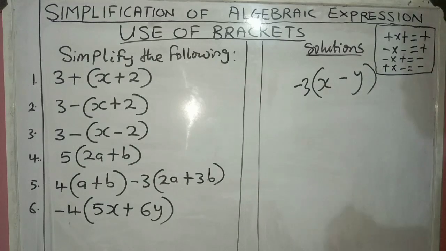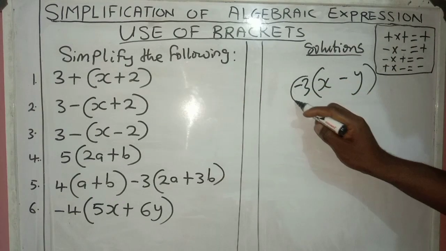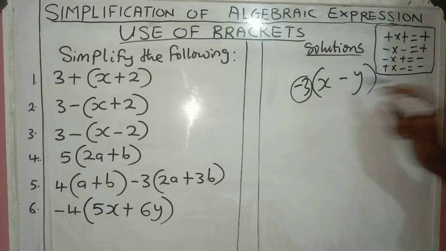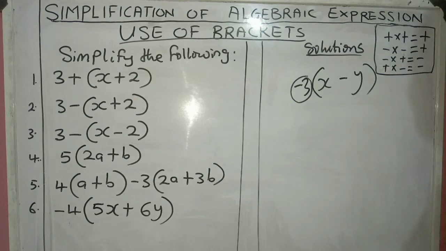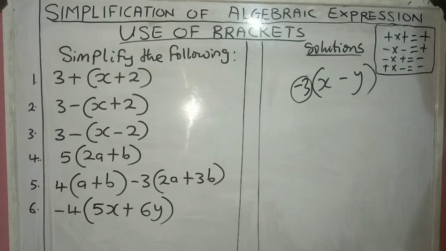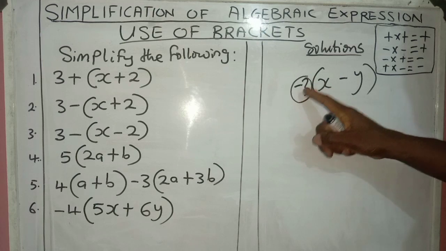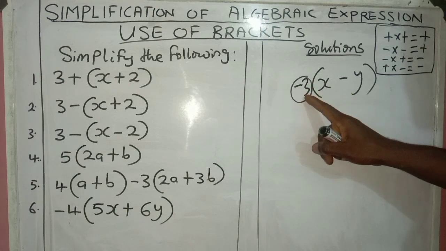Having this, the way to open brackets is that we make use of the number that is attached to the bracket as a key to unlocking the bracket. Look at it from here. For this particular bracket, the key that we are going to be using in unlocking this bracket is minus 3.